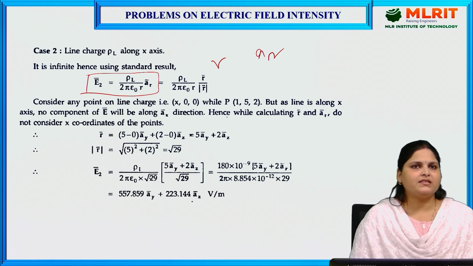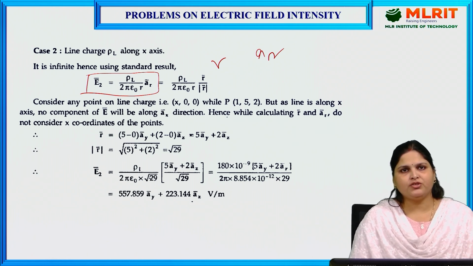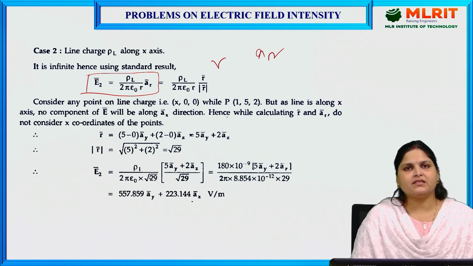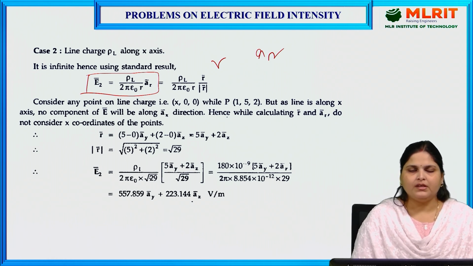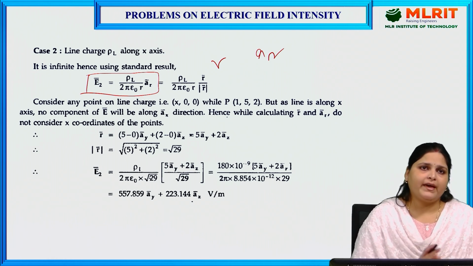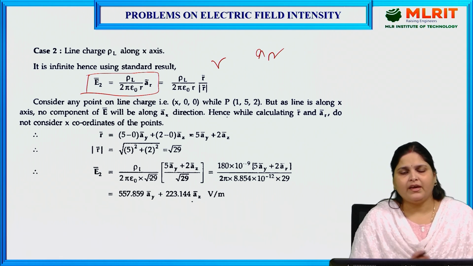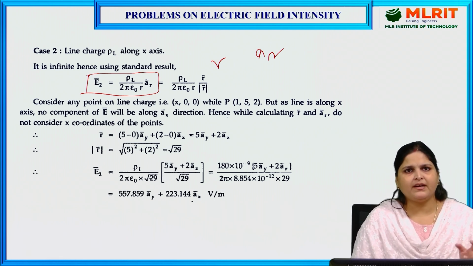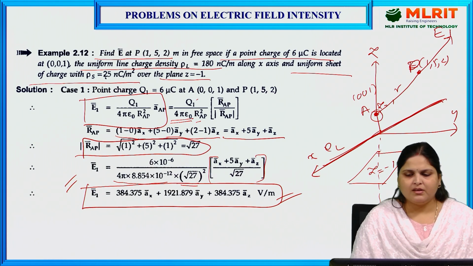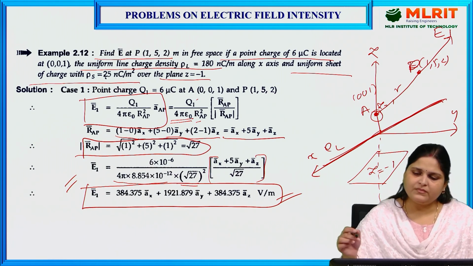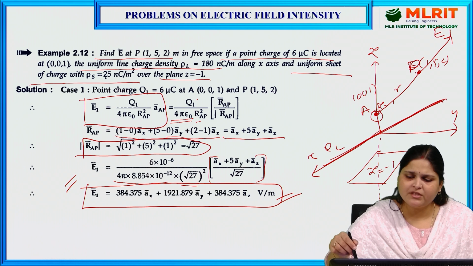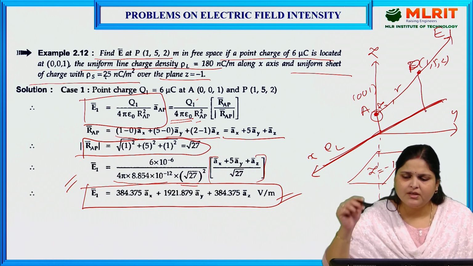We can consider any point on the line charge, which will be x 0 0, and P is given as 1 5 2. But because the line is along the x-axis, no component of E will be in the AX direction. We can understand this in a better way if we simply drop a perpendicular from this point to this line charge.